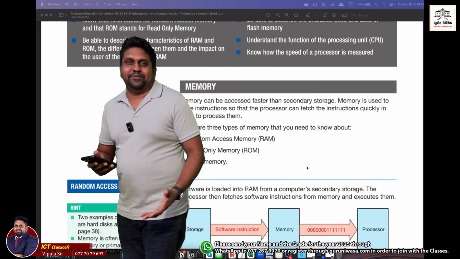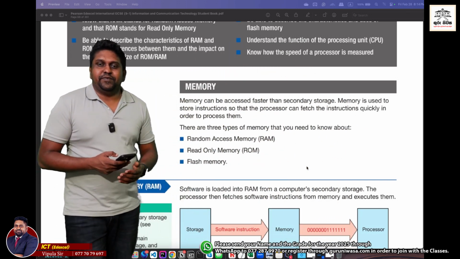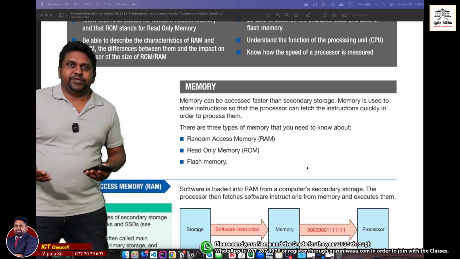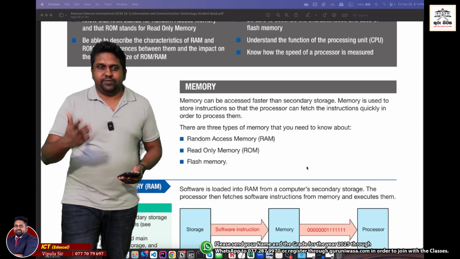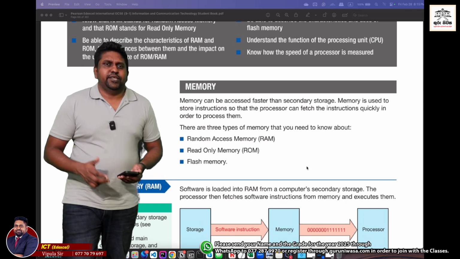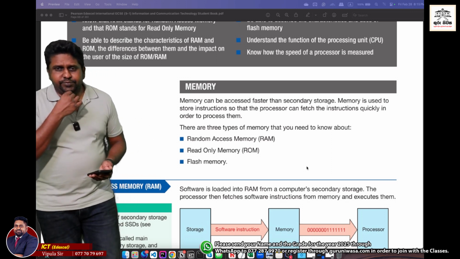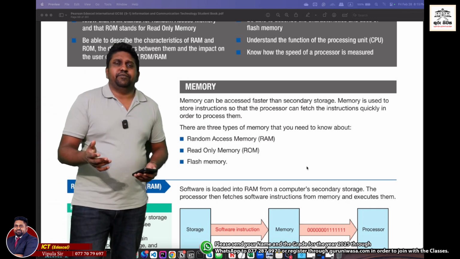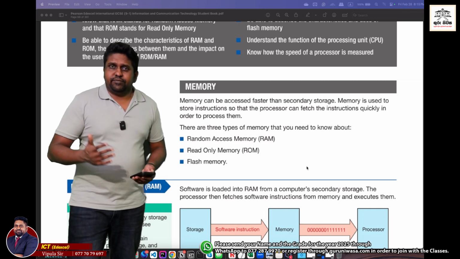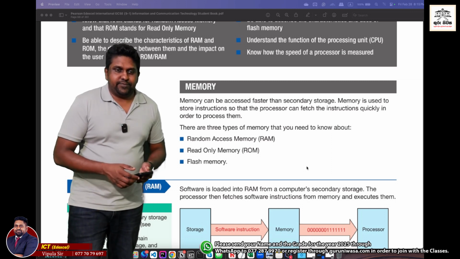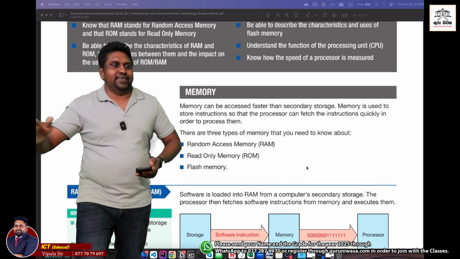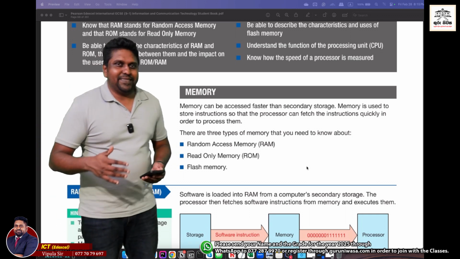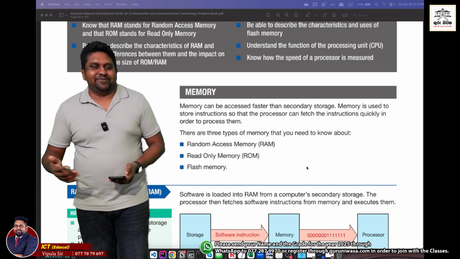So memory is one of the most crucial things in a computer, because whatever we process must be processed and moved through the memory itself, right? So how does this work? Let me explain this in a different way, using a scenario.